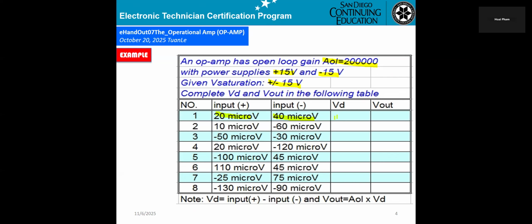And you take 220 microvolt times 200,000, you get a Vout. If that Vout is higher than 15 volt or minus 15 volt, the op amp will be in saturation. And when it is in saturation, Vout will be equal to the saturation voltage.